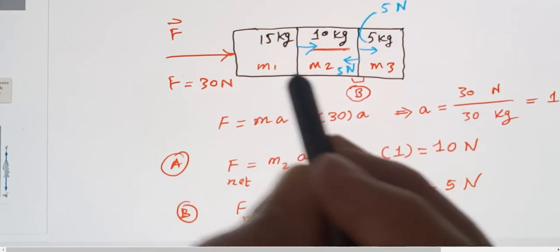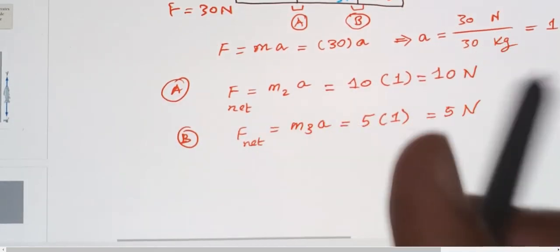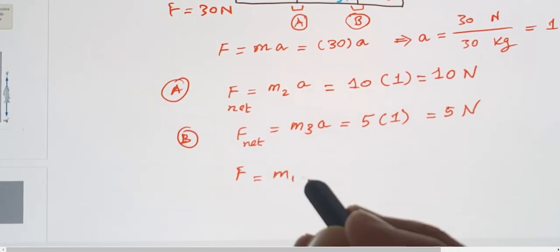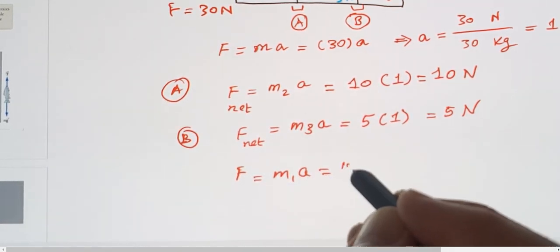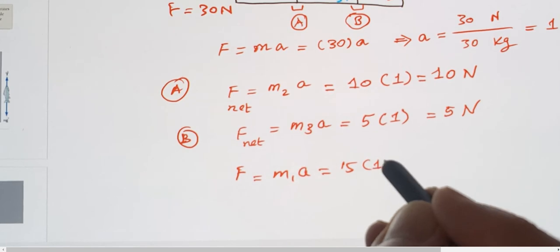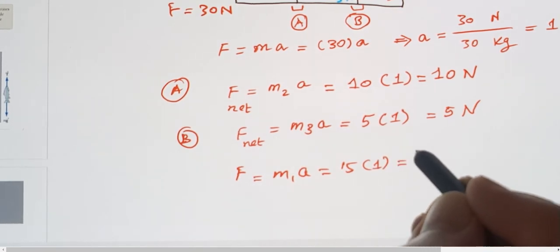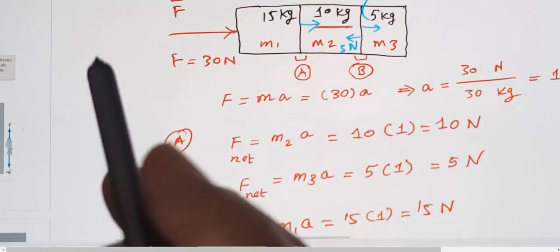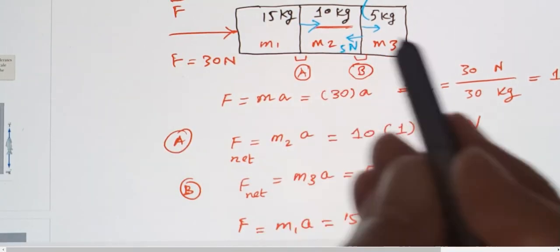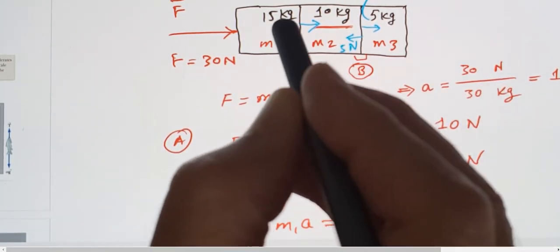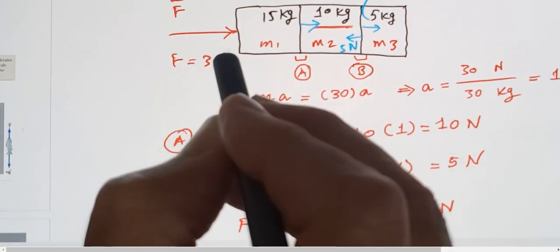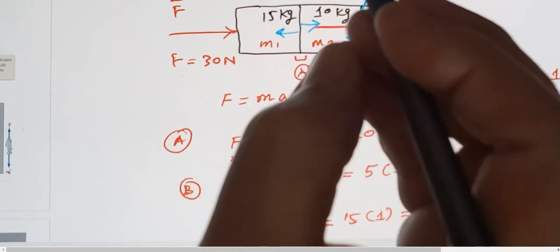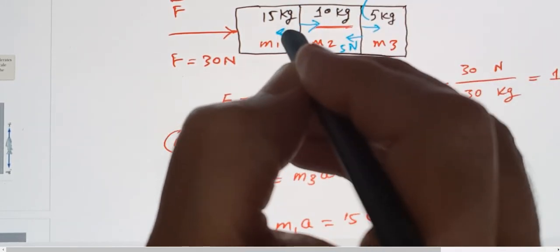Now what's left is M1. That is 15 multiplied by 1. That is 15 Newton. So that means finally that M1 receives from the left 30 Newton, so we must receive from the right 15 Newton.